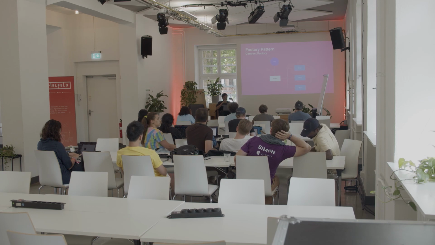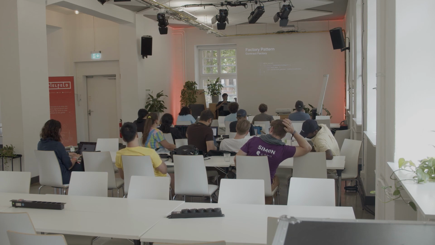So for example, if you have a PFP minter and they all do the same thing, you're going to have a factory that instantiates these. So instead of instantiating each minter by itself, the factory will have an execute message that instantiates. And you can even build it to be generic and take generic parameters. So you can have different types of minters and factories and combine them.